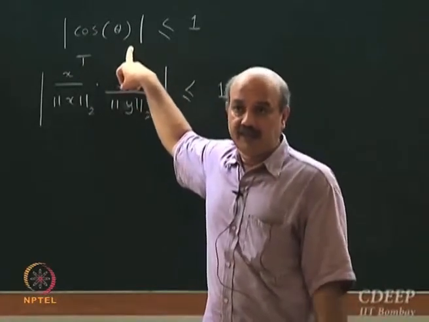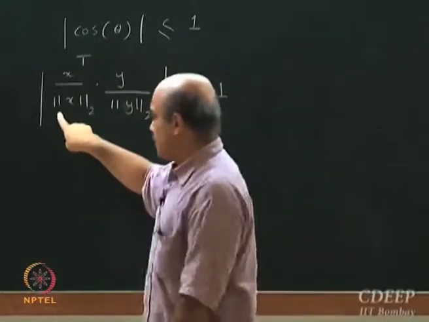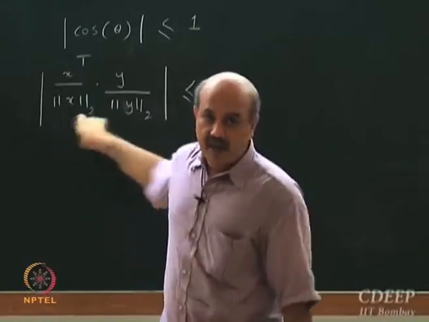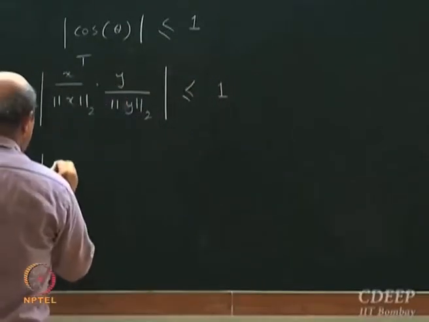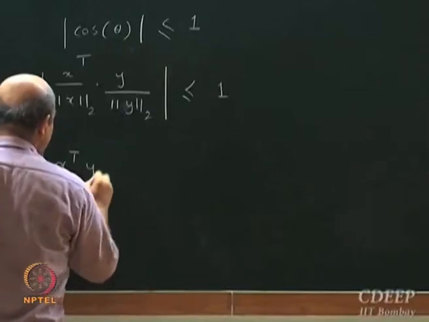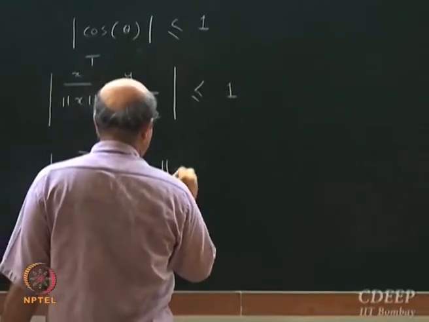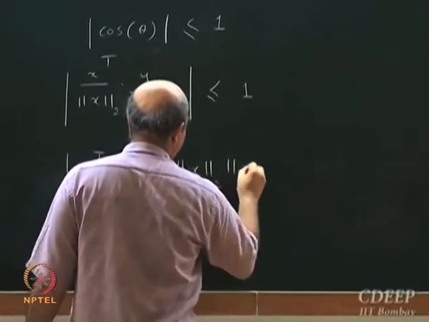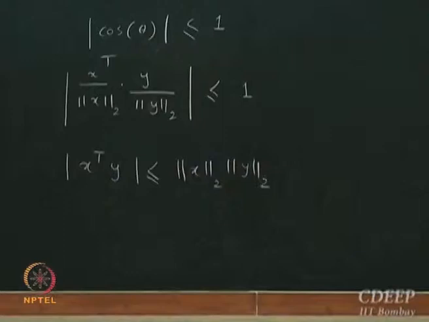Cos theta is always less than 1. So x transpose y, I can see this is a scalar, right? So I can write this as mod of x transpose y is always less than or equal to norm x times norm y.